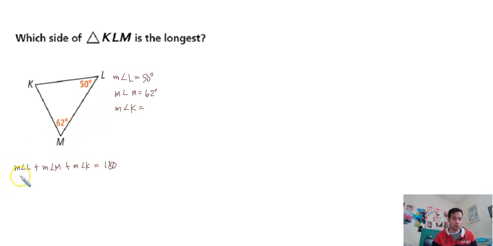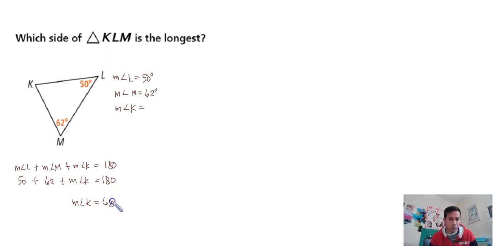Angle L is 50 plus angle M is 62 plus angle K is equal to 180. Combining like terms and isolating angle K gives us 68 degrees.